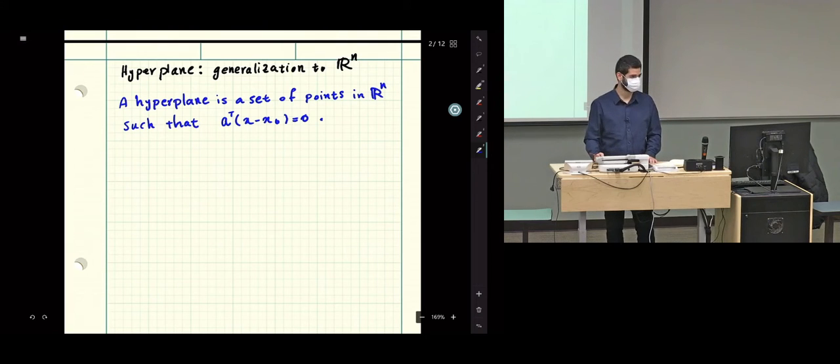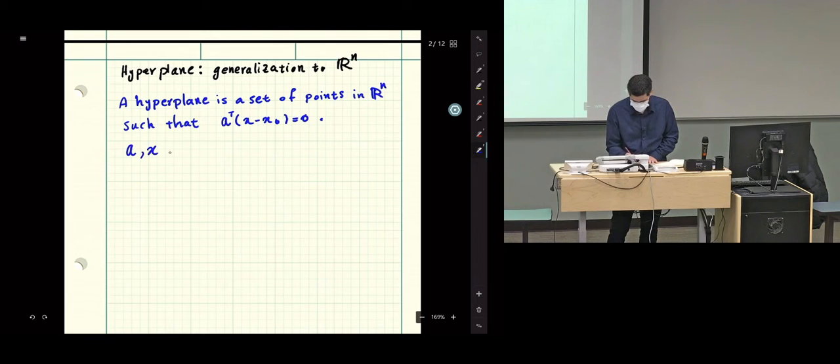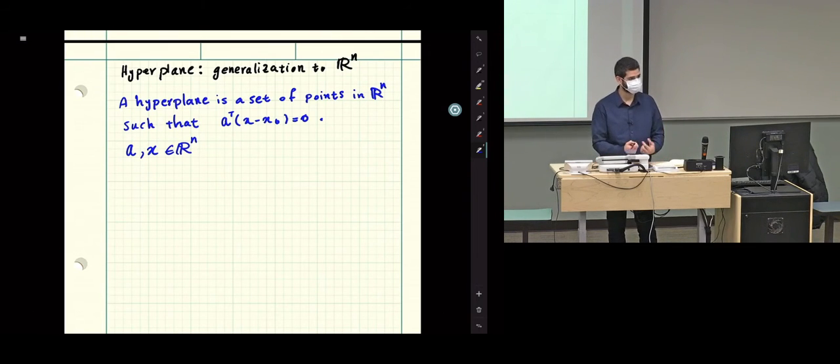So it is exactly the same definition. However, here we have A and x are n vectors. So x is a point, A is a vector, but they look the same for us. And also x0.